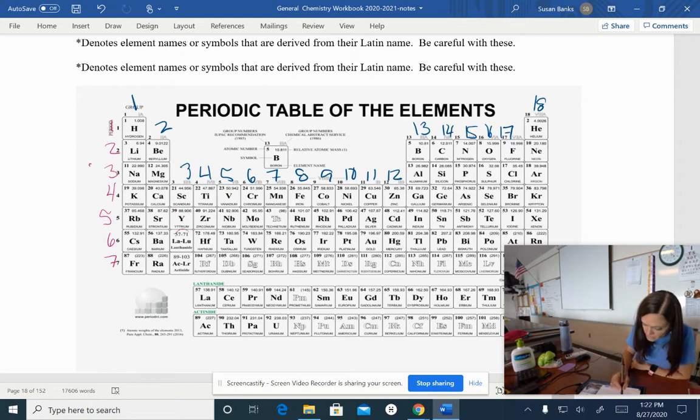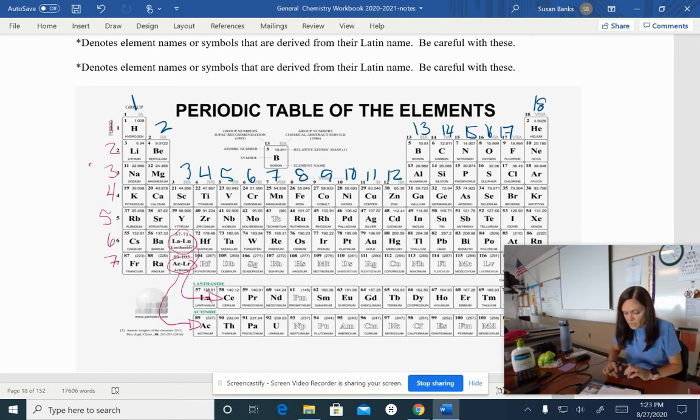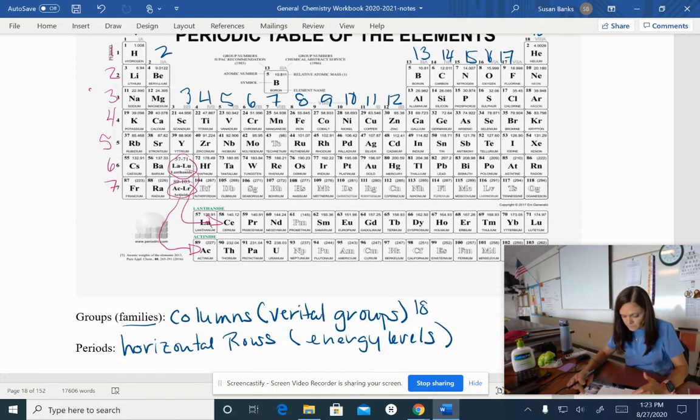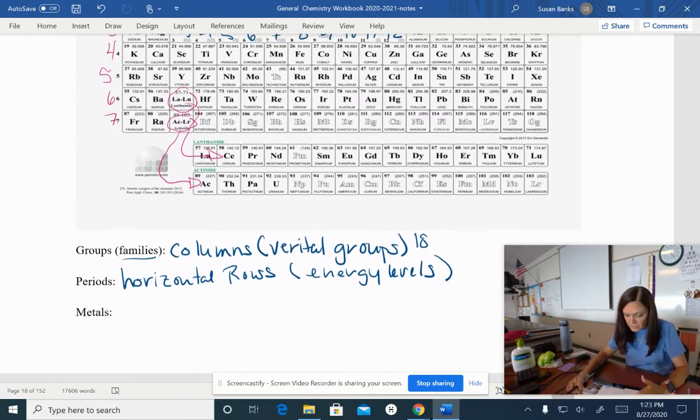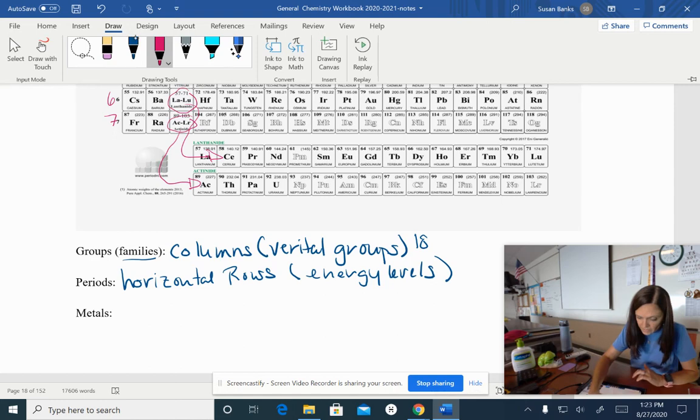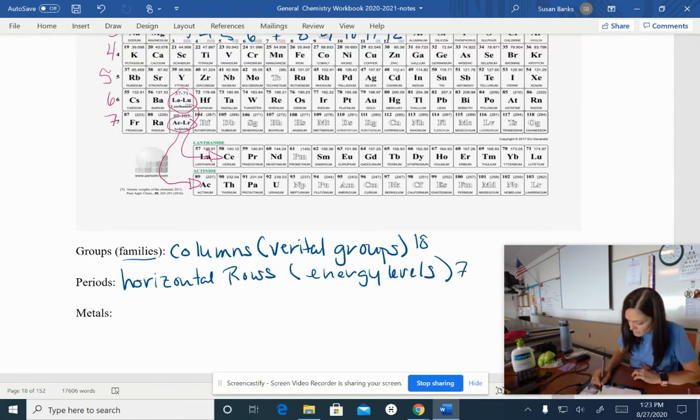If you notice, lanthanum all the way fits right in here, and actinium to lawrencium fits in right here. So they are actually part of groups 6, or not groups, but periods 6 and 7 respectively. So don't worry about these guys at the bottom because they're actually part of these groups up here in 6 and 7. Okay, so when we look at periods, we have 7 periods.